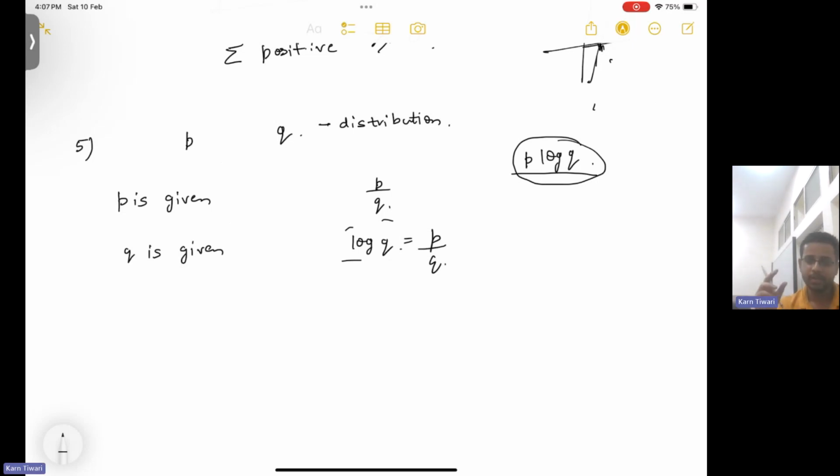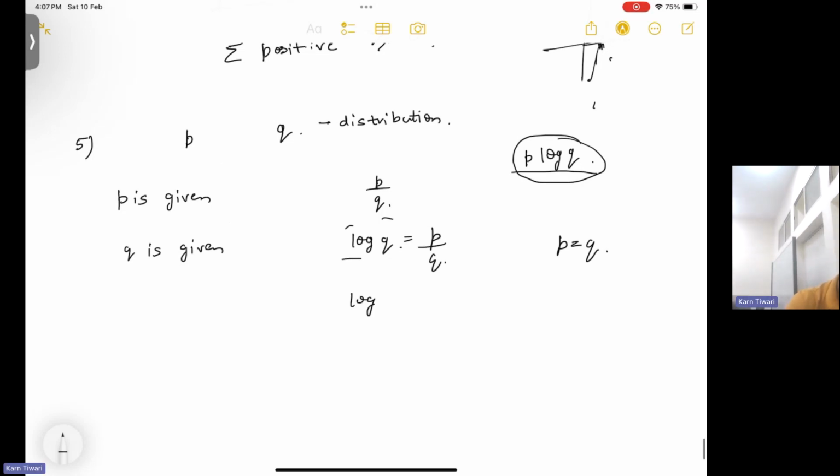P and Q are just a ratio here, and if you take P equal to Q, it gives us log of 1, which is 0, with E as the base since it's a natural log.